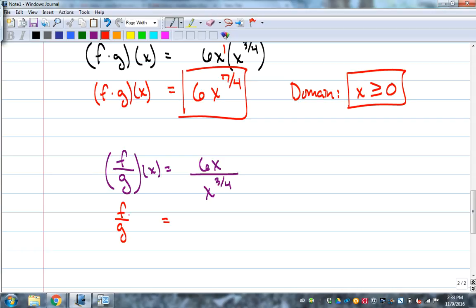X to the 1/4, because what rule are you using, Zach? Well, but what's the rule when you're dividing? Subtract. 1 minus 3/4 would be 6x to the 1/4. 1 minus 3/4 is positive 1/4. So we have 6x to the 1/4.